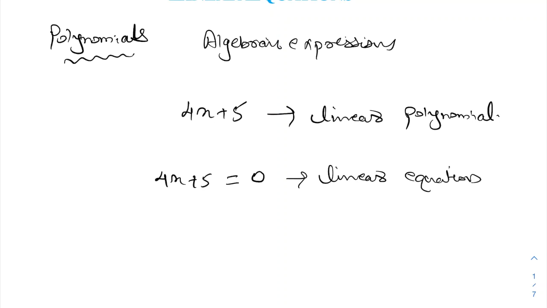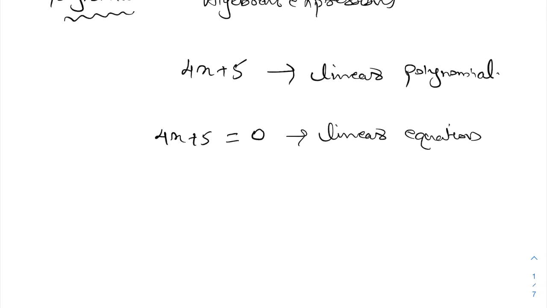In this chapter of 10th standard, we are going to deal with linear equations in two variables. Right now only one variable is present, so this is a linear equation but with only one variable. So let us consider an example.